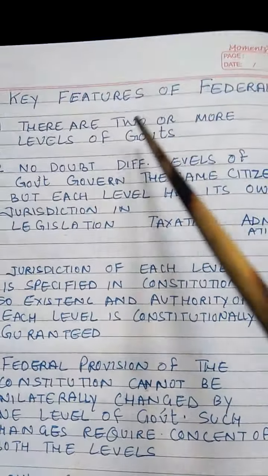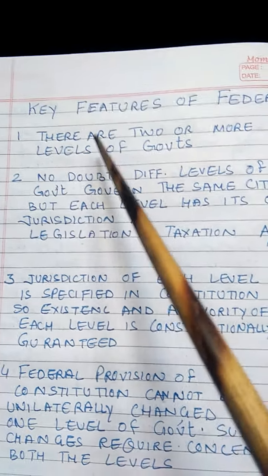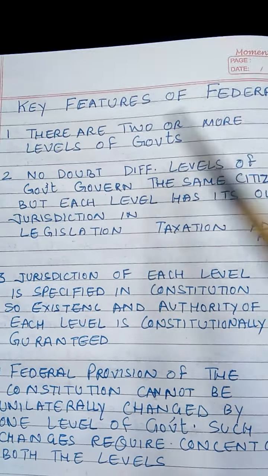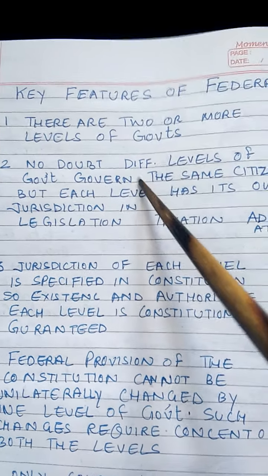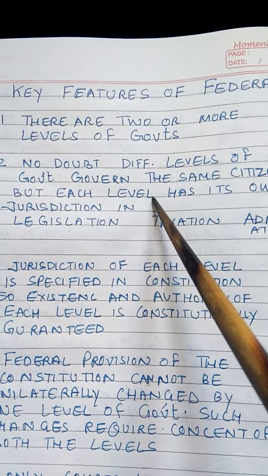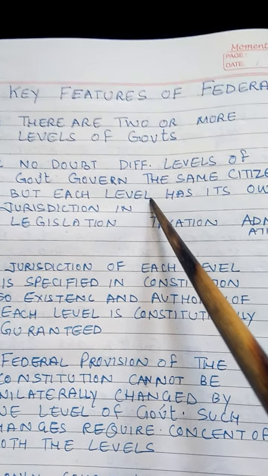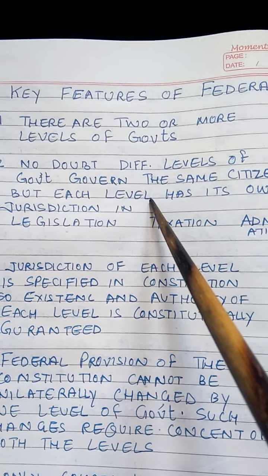Now, the first is clear to you, I'm 100% sure. First, there are two or more levels of government. Now, children, we are living in Punjab and we are Indians. So we are governed by the Punjab government as well as by our central government.